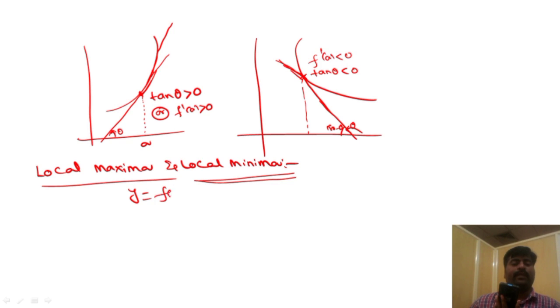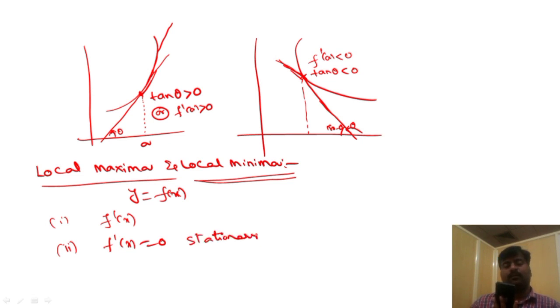For example, y equal to f of x is any given function, and we need to verify the maxima and minima of this function. The first step is to find f dash of x. Equating this to 0 gives the stationary points.